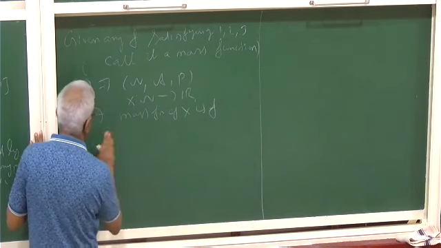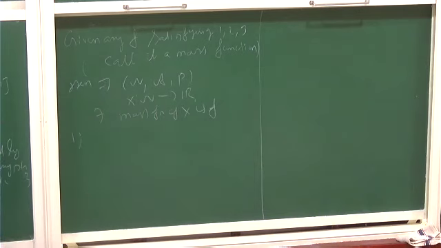The first example we talked about is the indicator function, which is a random variable.